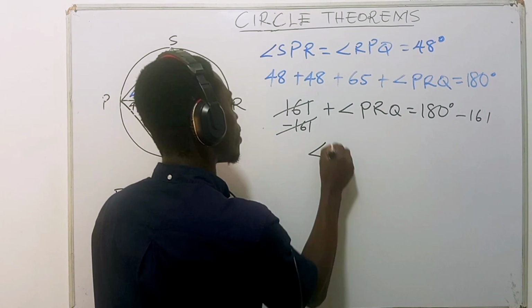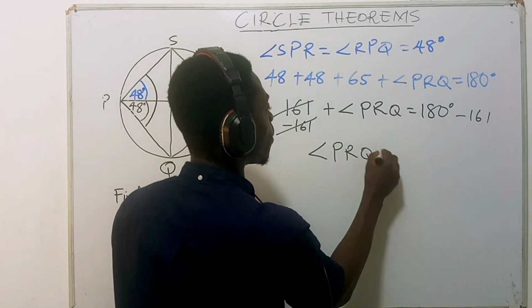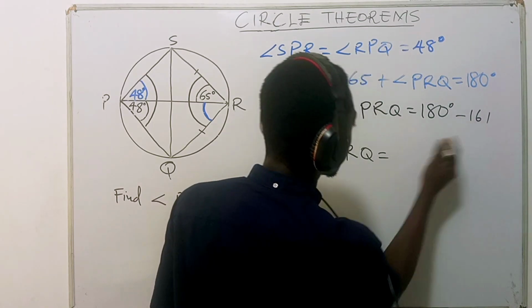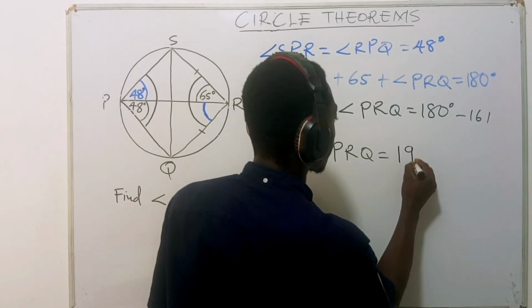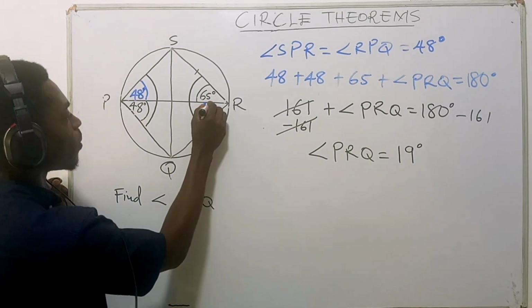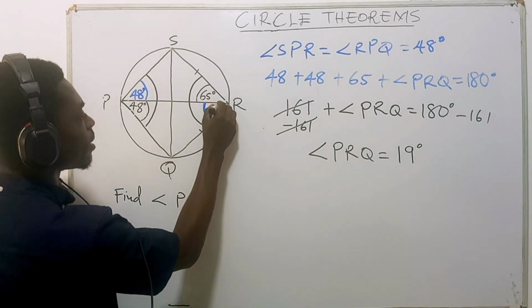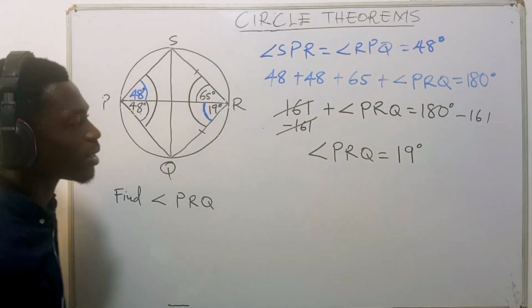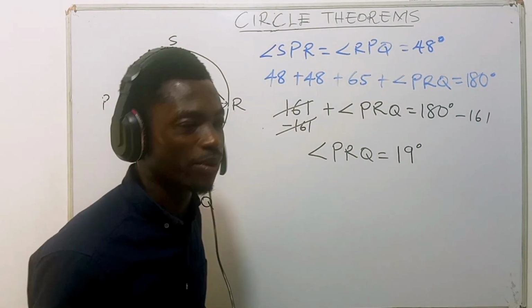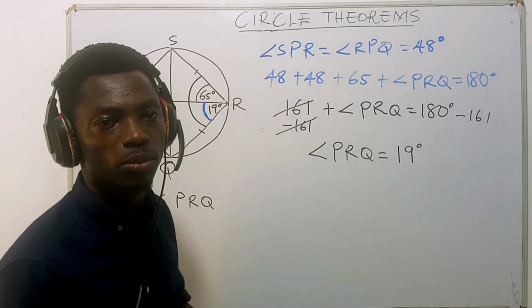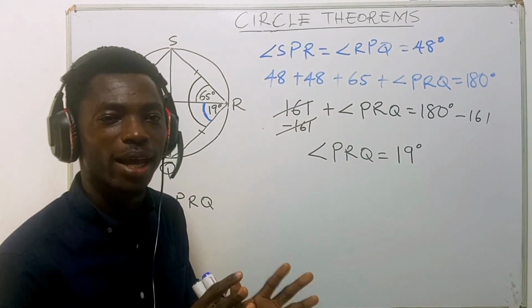We have angle PRQ is equal to 180 minus 161, that is 19 degrees. So what does that mean? It means that the angle right here is 19 degrees. And when we add this angle, this one, this and this, we should get 180 degrees. So that is it. It's so interesting and very simple. So see you again on the next theorem.